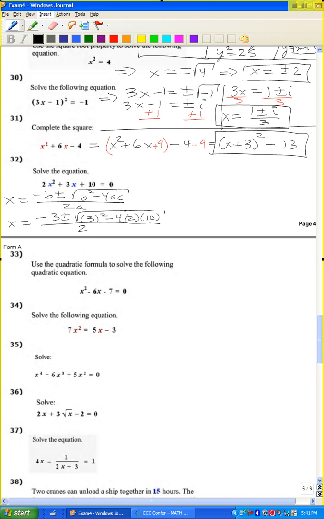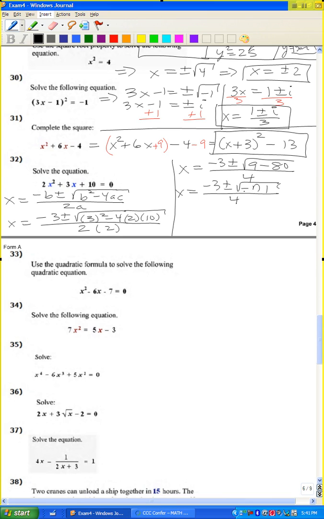So I have that x is equal to negative 3 plus or minus the square root of 9 minus 80, over 4. So x is equal to negative 3 plus or minus the square root of negative 71, over 4.